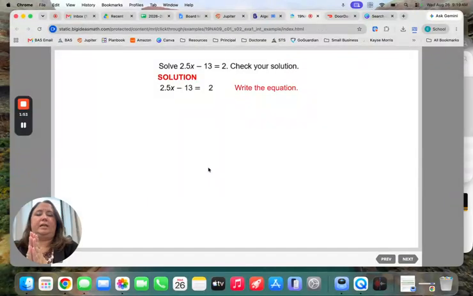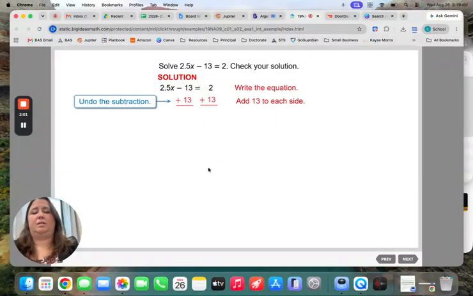So what is the first step to doing this, Neil? Add 13 to both sides because we have to inverse operation that. So plus 13 gives us 2.5x equals what? Very good. And then what's our second step here? Divide by 2.5.